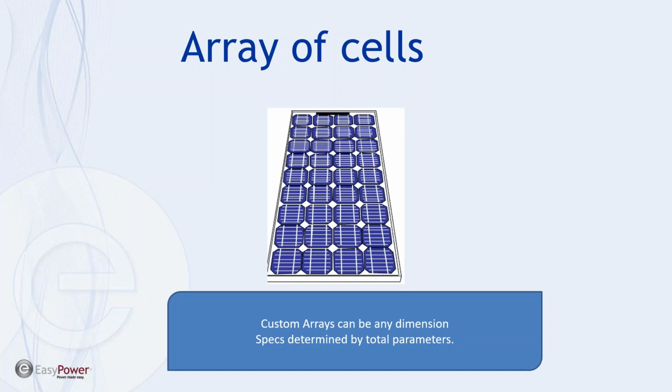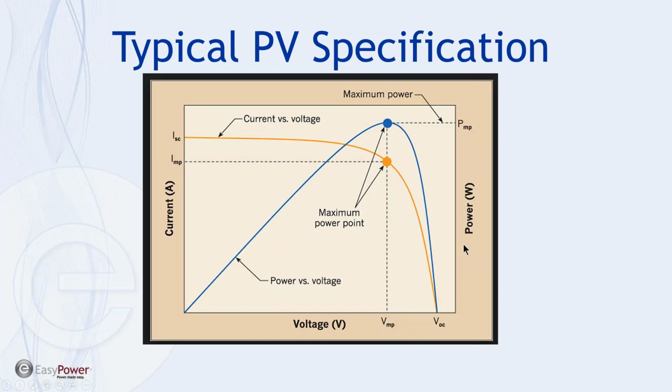And so consequently, you can take the data sheet and extract the information that you need from the information the manufacturer supplies. So this would be a typical set of parameters and the definition, as far as EasyPower is concerned, of the different points on an individual array or module or segment.